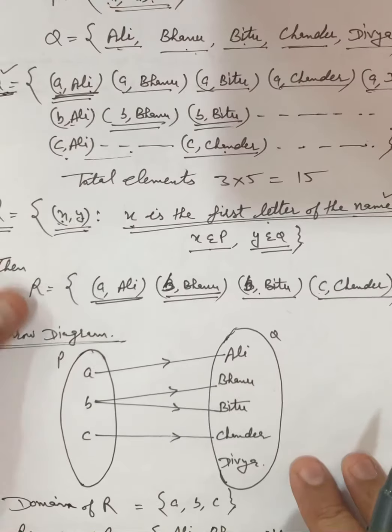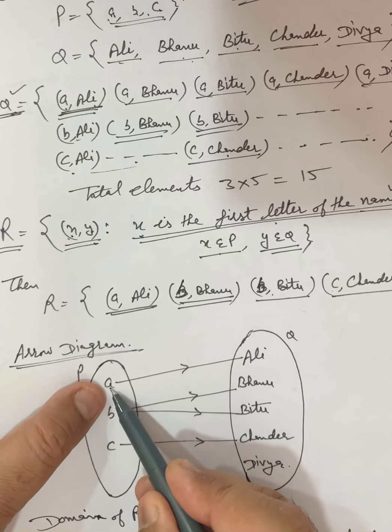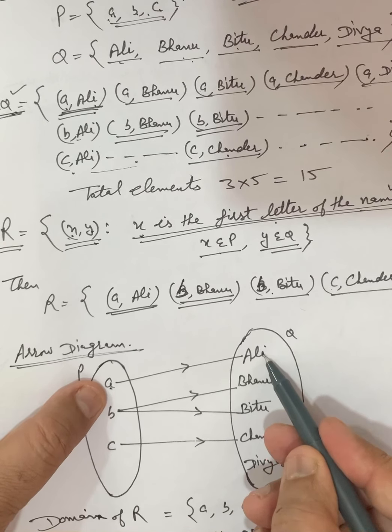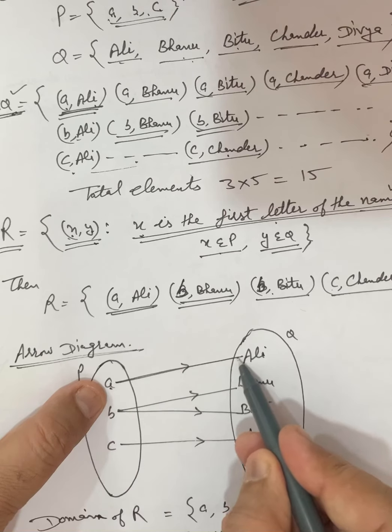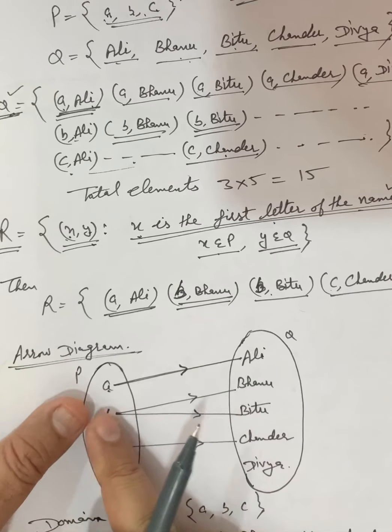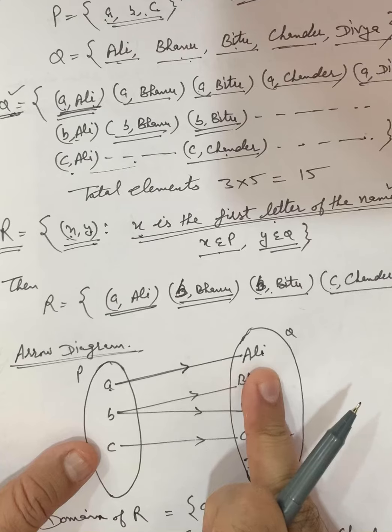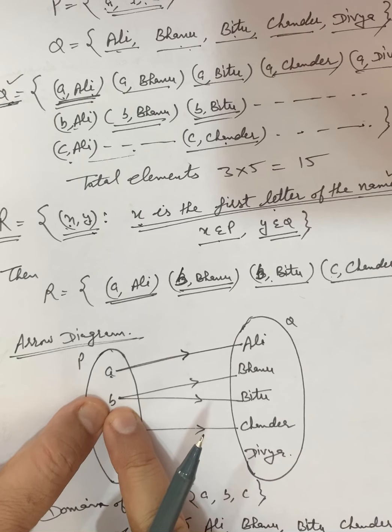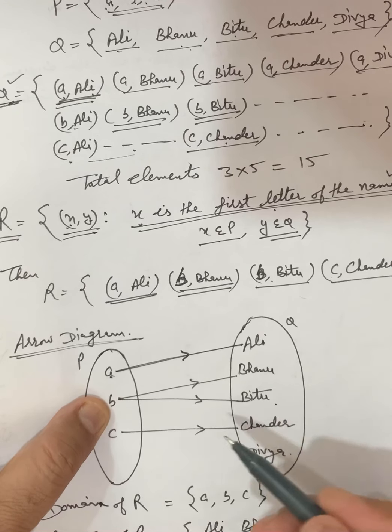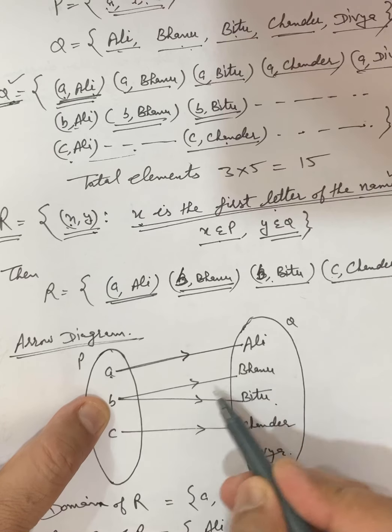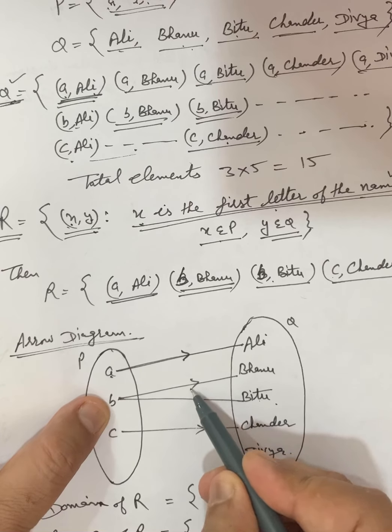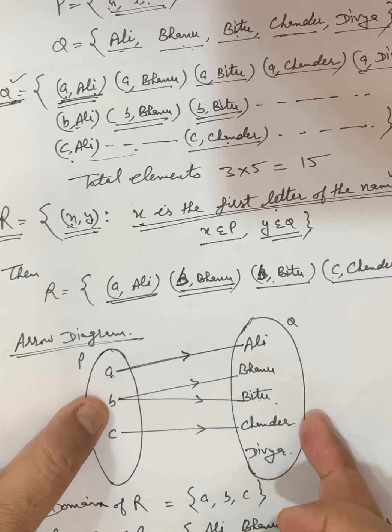Now the arrow diagram, A having the relation with Ali, so we form a line with an arrow from A to Ali. Similarly, B having relation with Bhanu and Bittu, so B से 2 लाइन्स आएंगी, Bhanu और Bittu पे दोनों के ऊपर एरो आएंगे. दिस एरो डायग्राम.